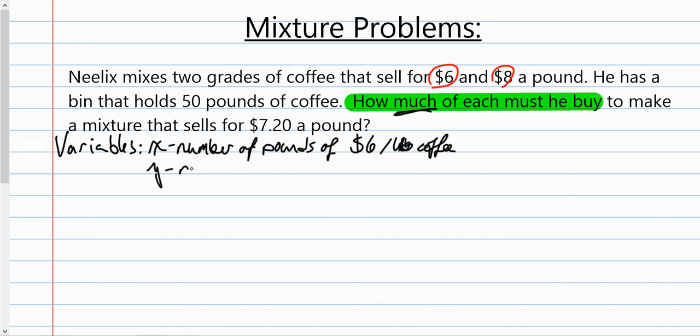And so y would be the number of pounds of the $8 per pound coffee. And now we're ready to move on to our equations.